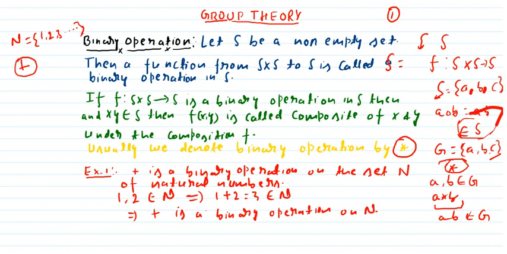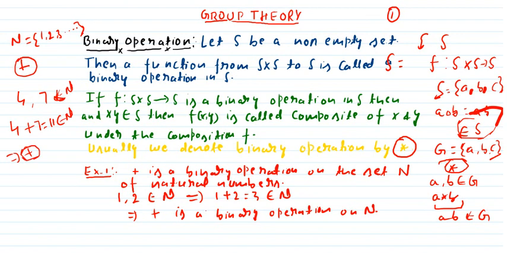Let us consider any two elements of N. Suppose I choose 4 and 7, both belong to the set of natural numbers. Now we apply plus between them. 4 plus 7 equals 11, which is also a natural number. This implies plus is a binary operation on the set of natural numbers.